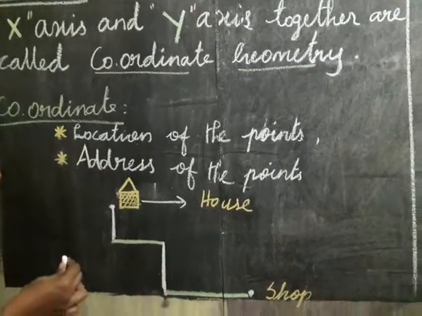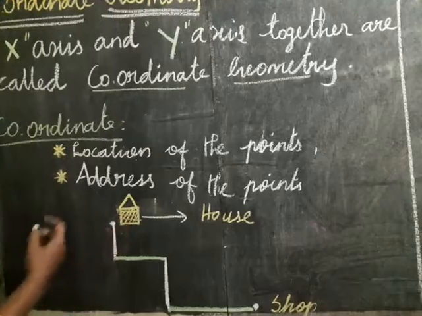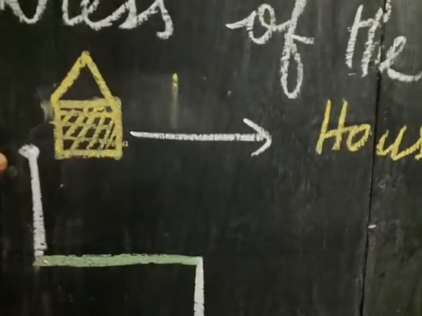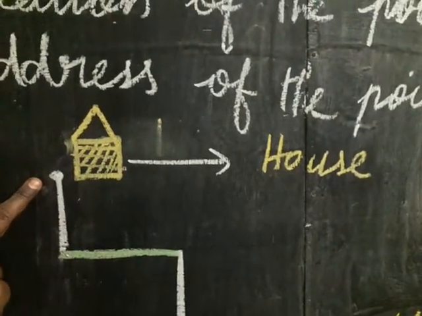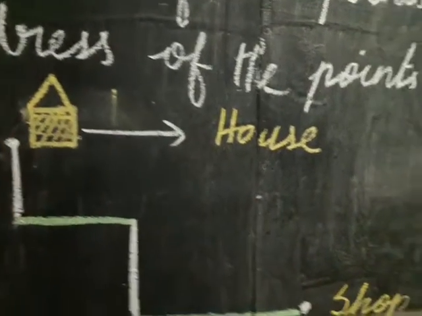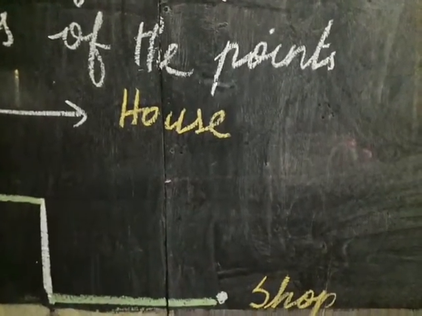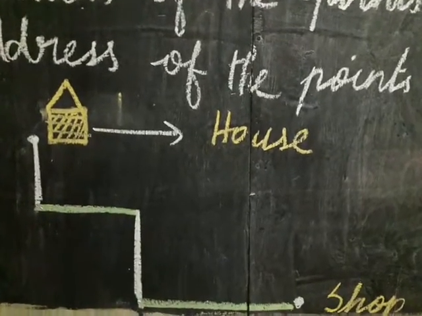Let us take one real life application. Imagine children, your starting point is your house and the ending point is your nearest shop. How do you go to the shop?